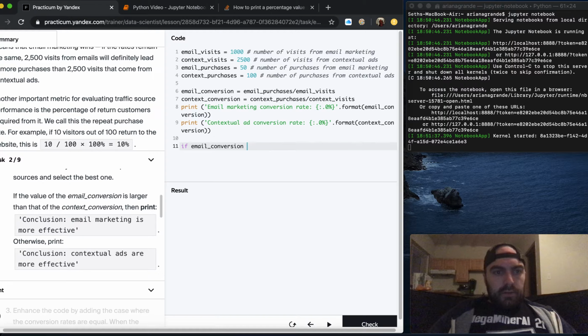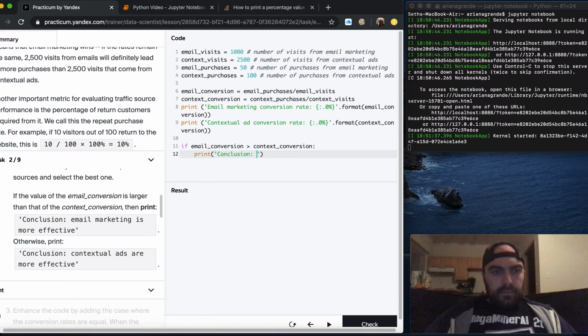If email conversion is greater than context conversion, print conclusion, email marketing is more effective. No period.